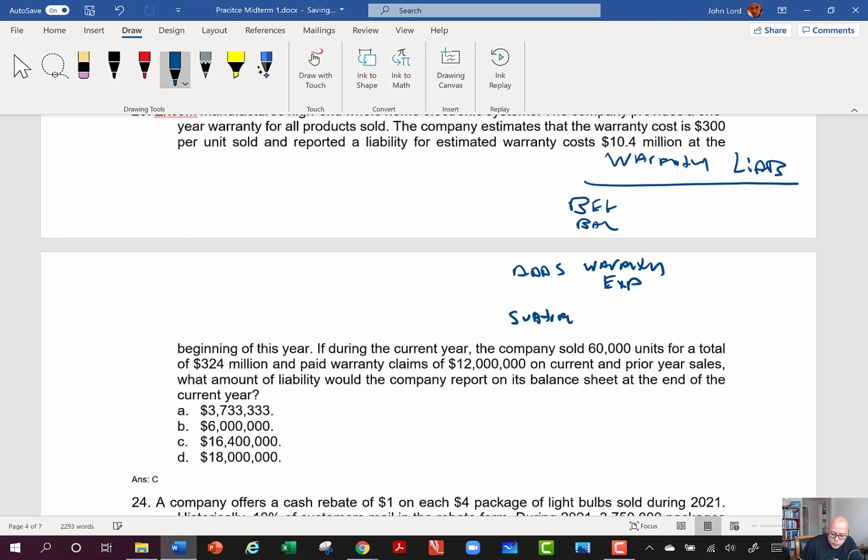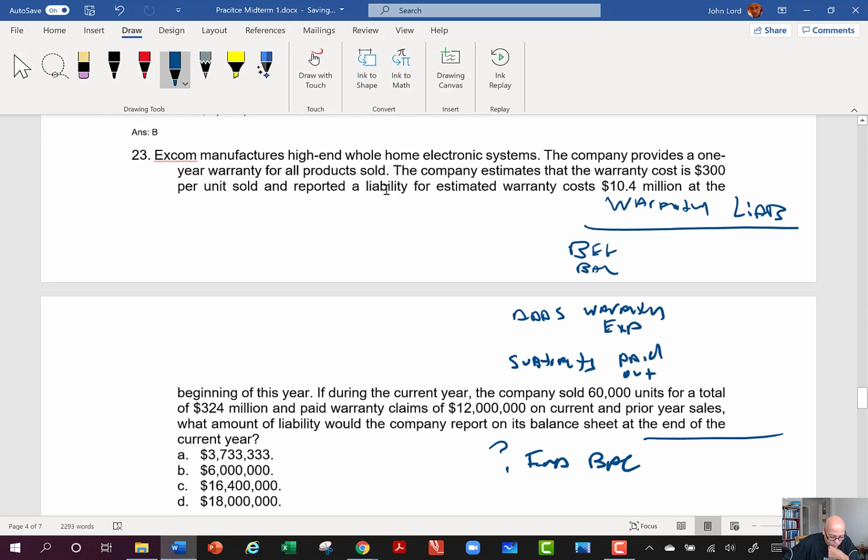Subtracts are what was paid out on warranties, paid out on the liability. Somebody gives a warranty, and then you're going to have to pay some money to fix their stuff. That's a payout on that liability. And then the ending balance, so I have to come down here to this question. That ending balance, the answer to this question, will give us the right answer. Okay, good. So now you turn a question that could have been potentially kind of hard into a pretty easy fill in the blank.